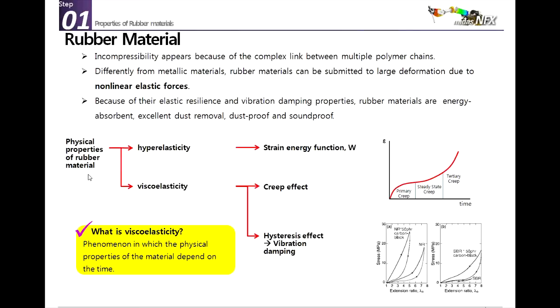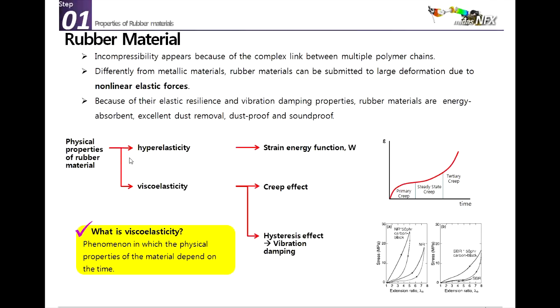Rubber material can be simulated with several types of models. So you have hyperelasticity that I will talk about today, but you have also some other types like viscoelasticity, which is actually the physical property of the material which depends on the time.